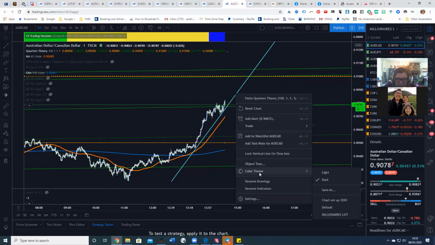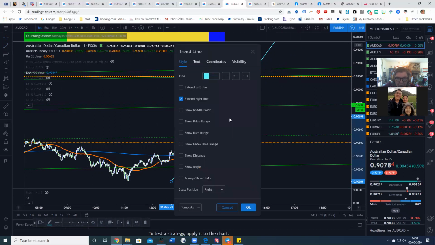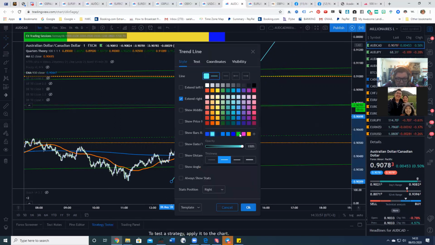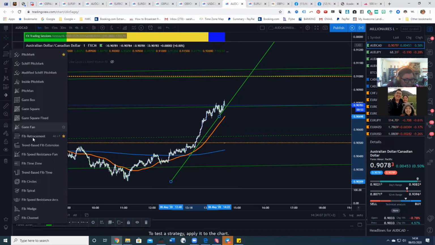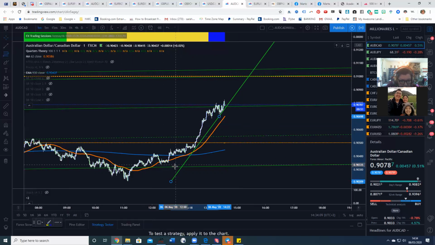And let me just change the color to trend line color there. And if we were going to put a Fibonacci on, I'll try, because as I say, I don't feel I'm always brilliant at them, but I keep practicing.